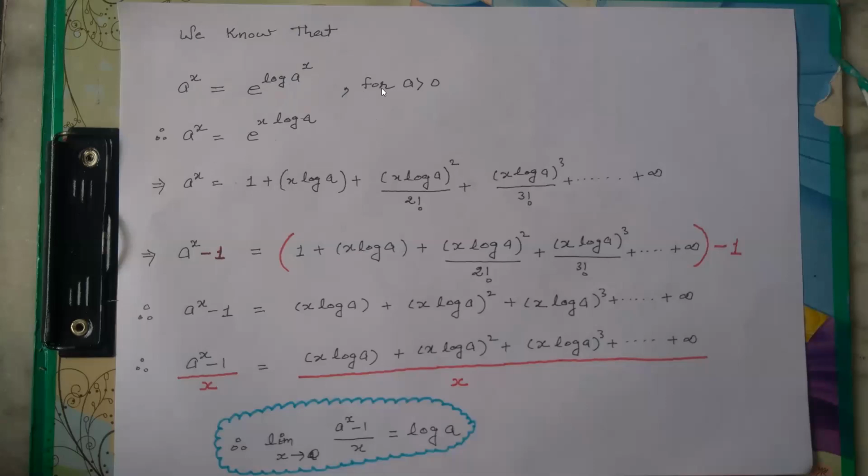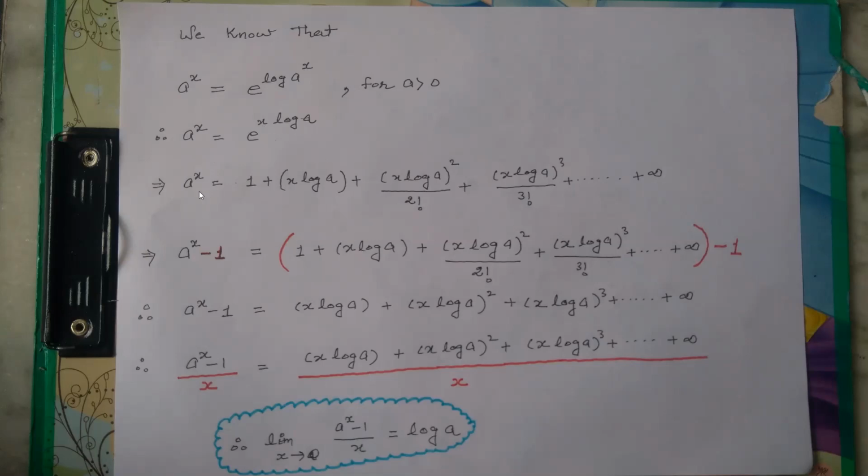Here one point is noteworthy, a is greater than 0. Now a raised to power x is equal to e raised to power log of a raised to power x. That means this x from the exponent will come here in front. So x into log of a.